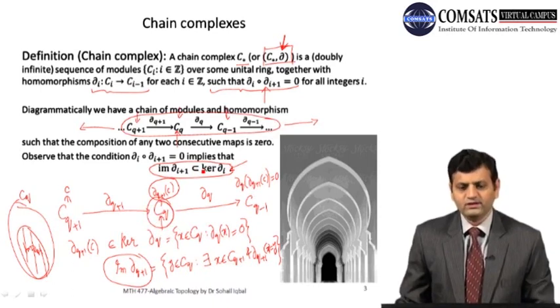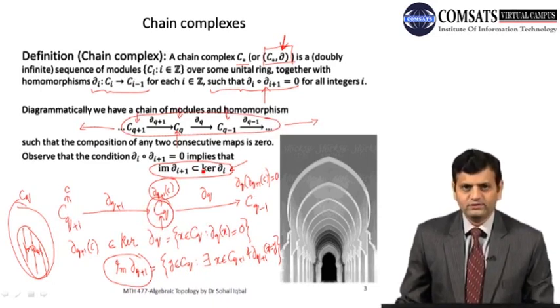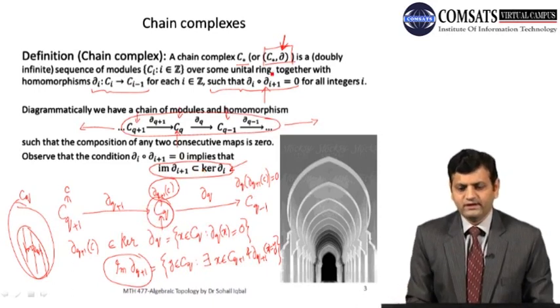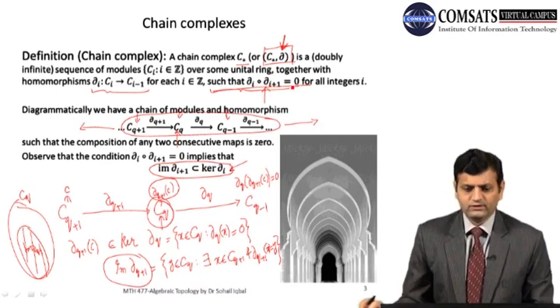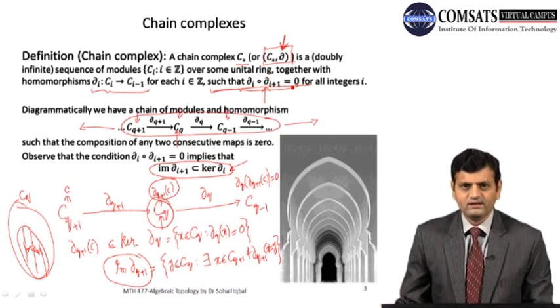So that's how we define a chain complex: a collection of modules and a collection of homomorphisms satisfying the important property that partial i composed with partial i plus 1 equals 0. In other words, the composition of any two consecutive homomorphisms is 0.